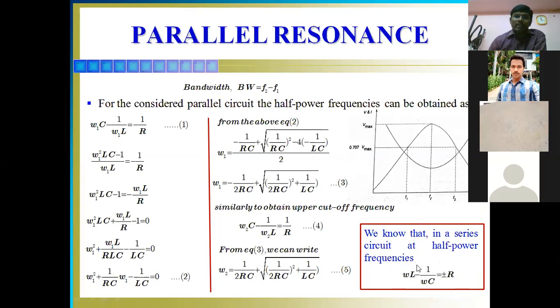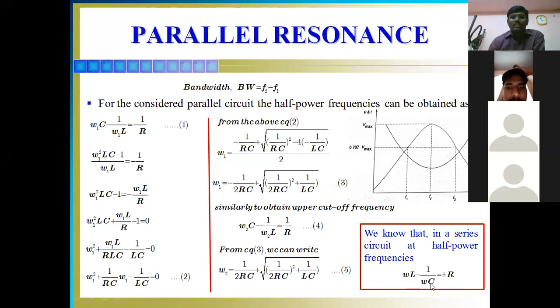This is the impedance at half power frequencies, that is R plus j(omega L minus 1 by omega C), which is equal to R minus j(1 by omega C). From this we have omega L minus 1 by omega C equal to plus or minus R. With this concept, consider the impedance at half power frequencies.